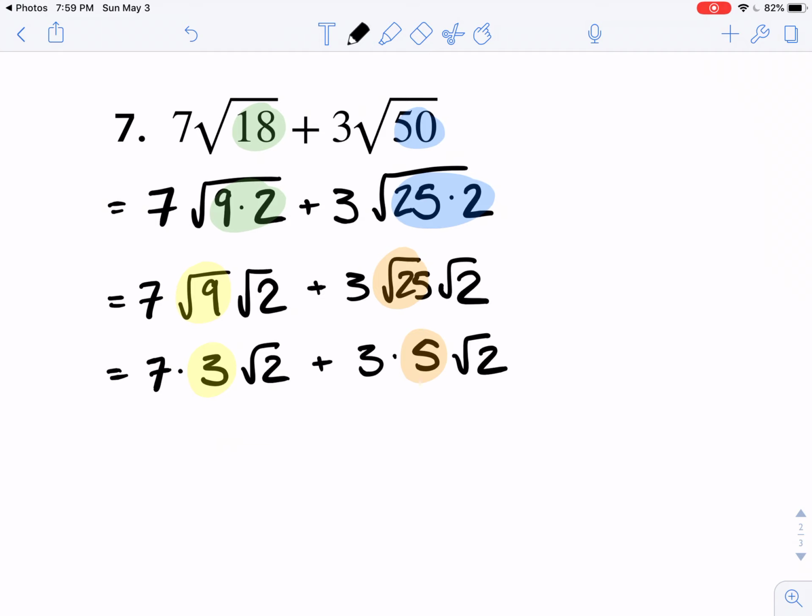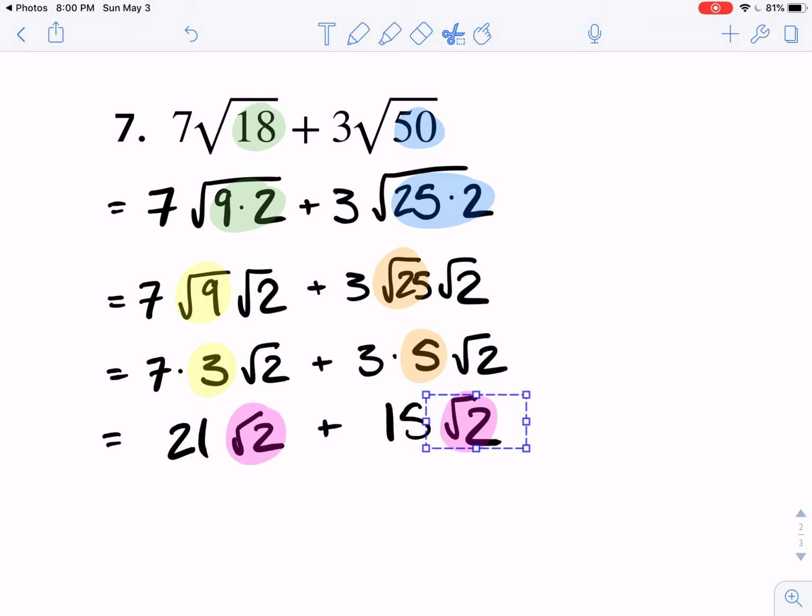Now we can clean those up. 7 times 3 is 21. And 3 times 5 is 15. We're almost there. Now we have two like radicals. These are like radicals because they have the same number in their radicand. That is 2.